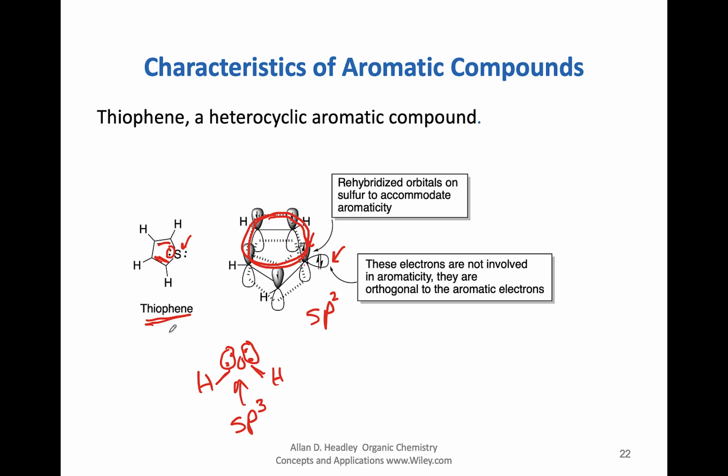So bottom line, thiophene is aromatic. Only 2 of these electrons on sulfur are involved in aromaticity, and the other 2 are not. They are orthogonal, or perpendicular, to the plane of the aromaticity.